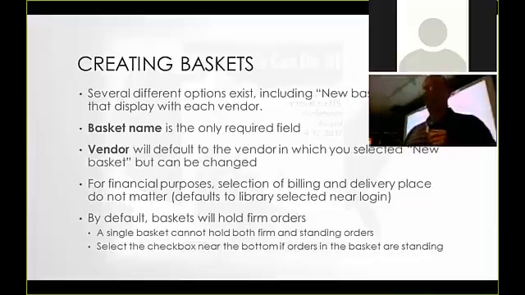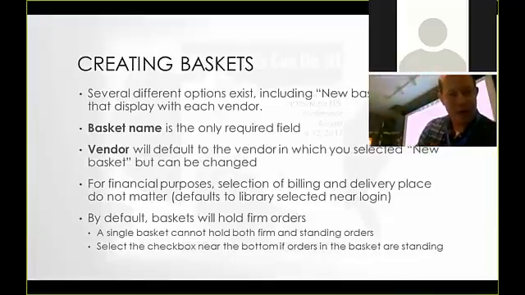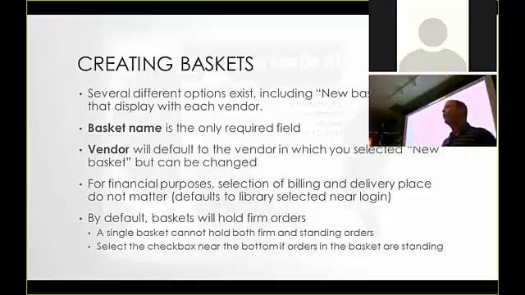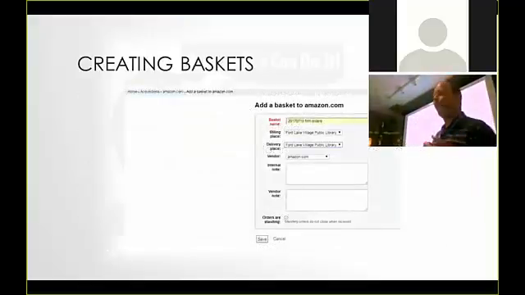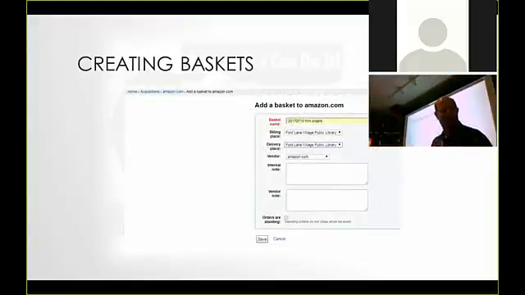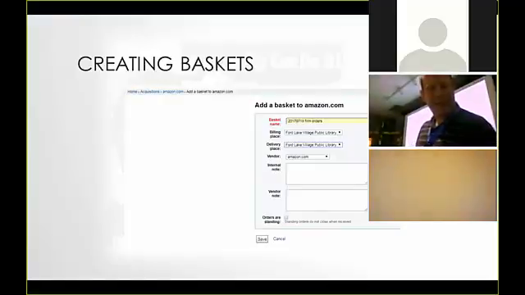By default, baskets will hold firm orders, which means that when you are done with that basket, you close it in order to be able to receive them. A single basket cannot contain both firm and standing orders. They are like fire and water, only without the dangerous consequences. Creating baskets. This is what the Create Basket screen looks like.